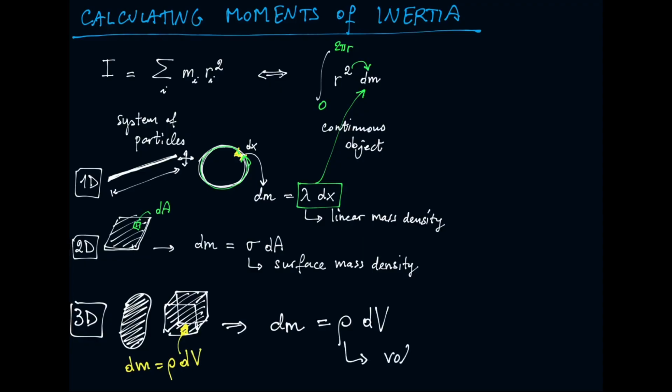This is called volume mass density, or just mass density.